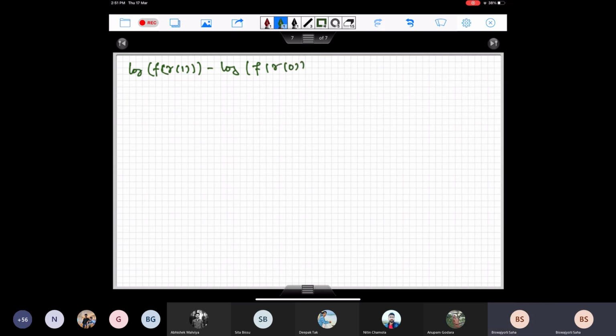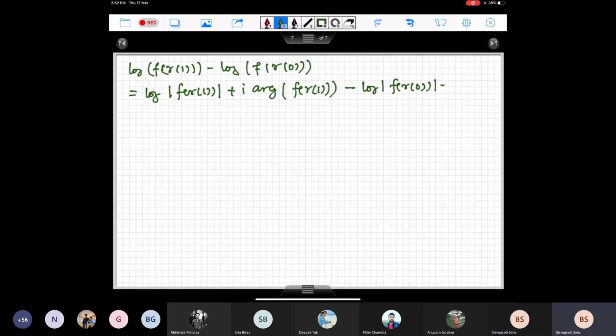minus log of f of gamma 0. This difference is nothing but log of mod of f of gamma 1 plus i times argument of f of gamma 1 minus log of mod of f of gamma 0 minus i times argument of f of gamma 0.